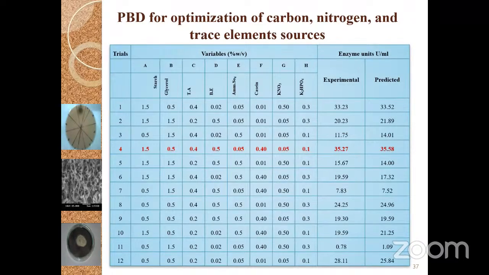The Minitab software gives us 12 different trials, and amongst the 12 trials, trial number 4 shows the promising enzyme activity: we got 35.27 units per ml activity, and the predicted activity was 35.58. So we have chosen this combination, trial number 4, for further study.